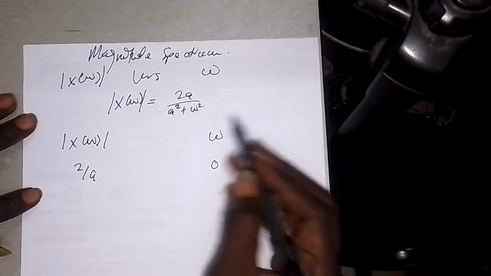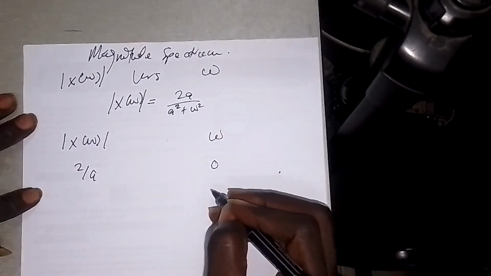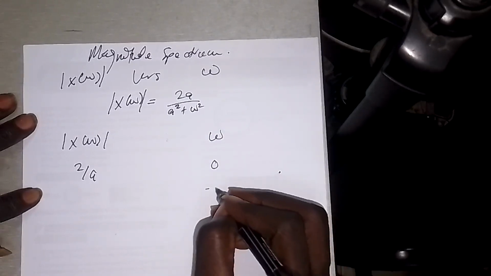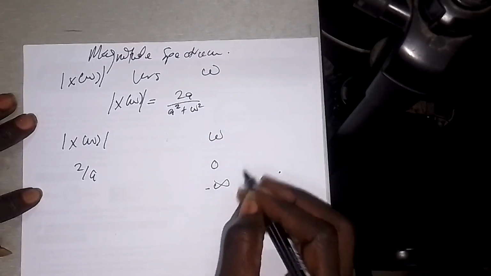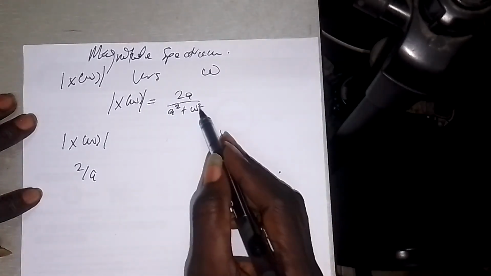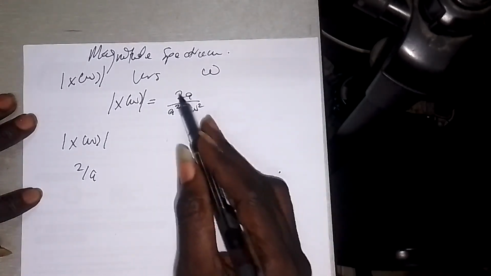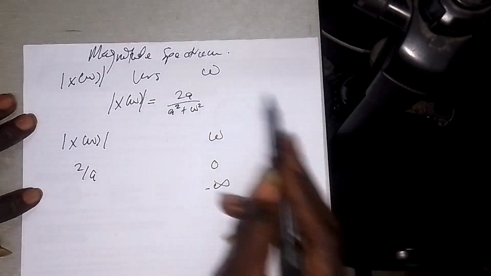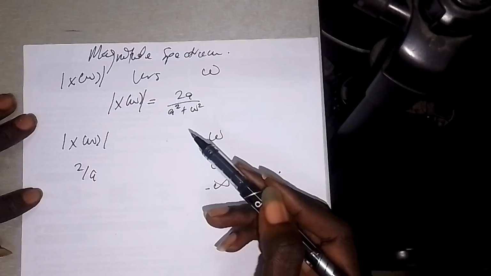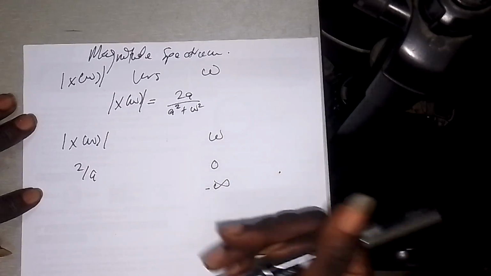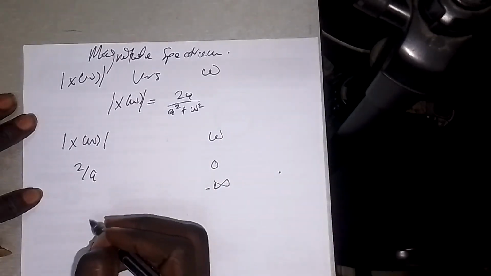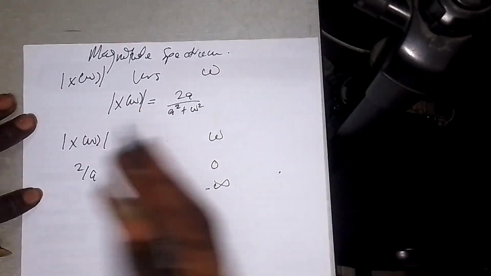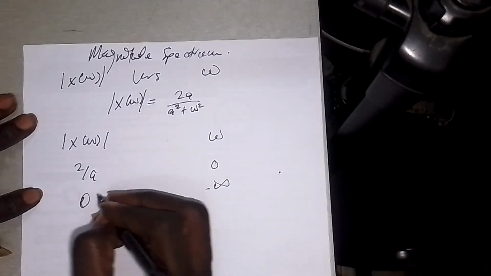Now if omega is minus infinity, then 2a divided by minus infinity squared is 2a divided by infinity, and that will be 0, because if infinity people are going to divide 2a items, everybody will get 0.